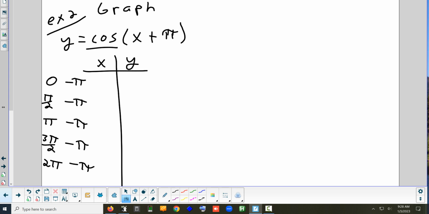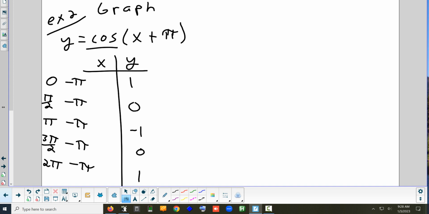Now, the y's stay the same, because we're not shifting up or down. We've got to be careful. What are my original y values for cosine, not sine? Lucas, can you tell me what my original y values are for cosine? Cosine. 1, 0, negative 1, 0, and then 1.